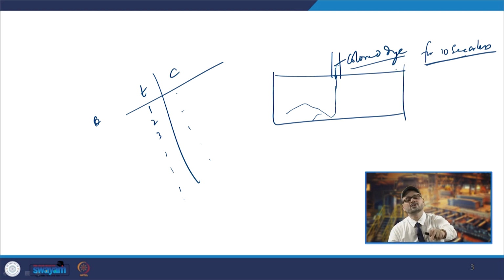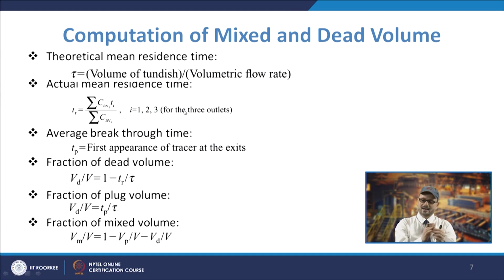Because when it has come and starts entering, the concentration will increase, but then slowly, once it goes inside the whole domain, it has to decrease, because you have injected only a very fixed amount of tracer inside the Tundish.